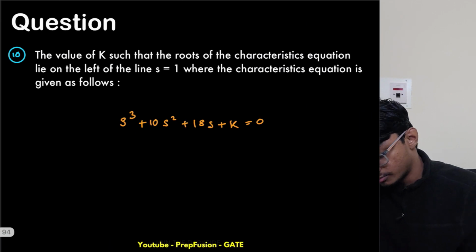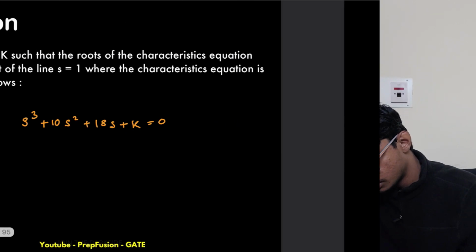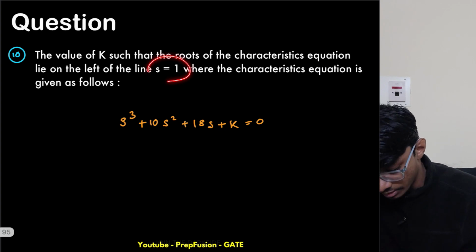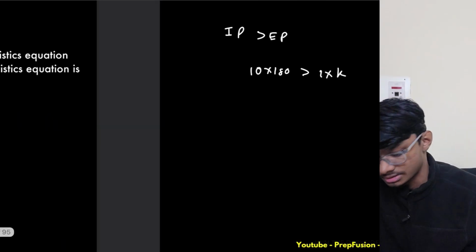I will also write one more thing, that you can't simply do internal product greater than external product, this one, right? 10 times 180 greater than this k times 1, right? You can't do that, because this will be wrong, simply because we are not finding around s equals 0. My line has changed.